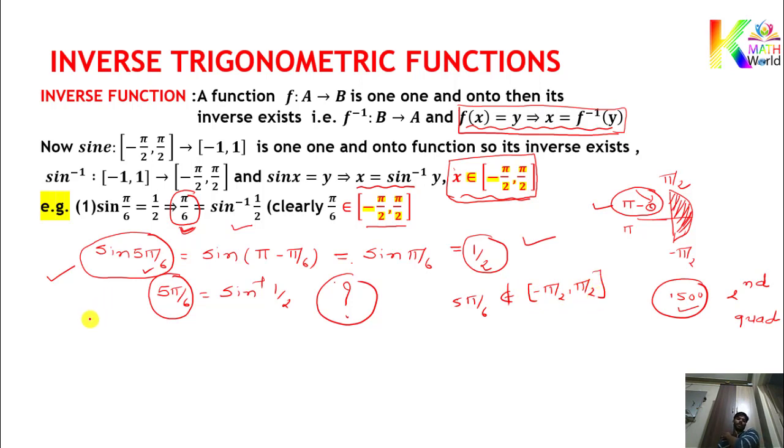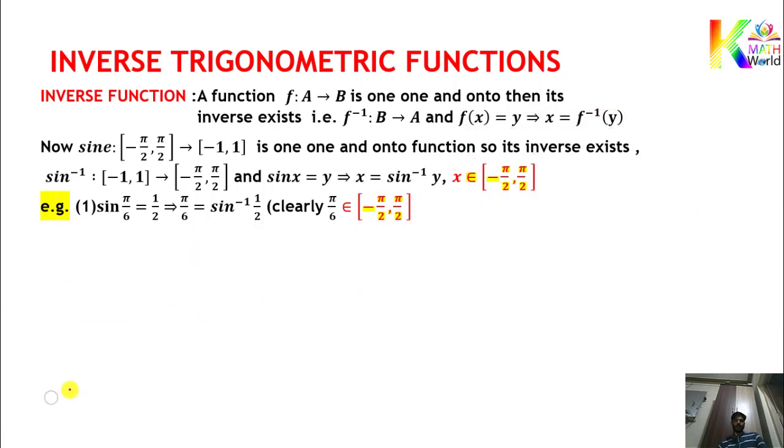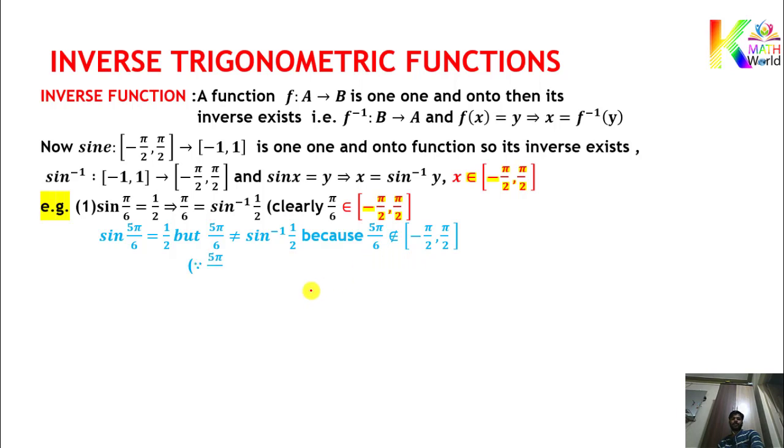That's why we cannot write 5 pi by 6 equals sine inverse 1 by 2. That you will see in the next line: sine of 5 pi by 6 is also 1 by 2, as we discussed right now.